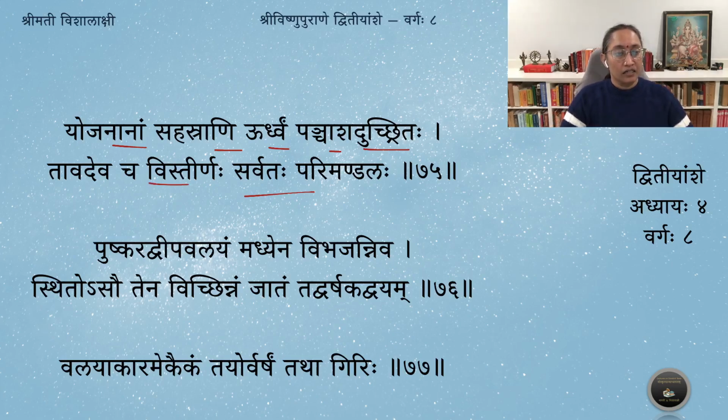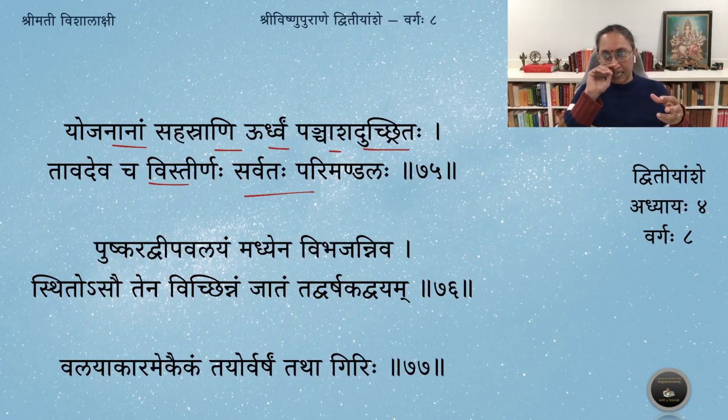Tavadeva vistirnaha. Pushkaradvipa valayam madhyena vibhajan iva sthitaha, asau tena vichinnam jatam tadvarshakadvayam. Because of this mountain standing in the middle, the Pushkaradvipa itself is like a valaya, like a bangle, and it is separating it in the middle.